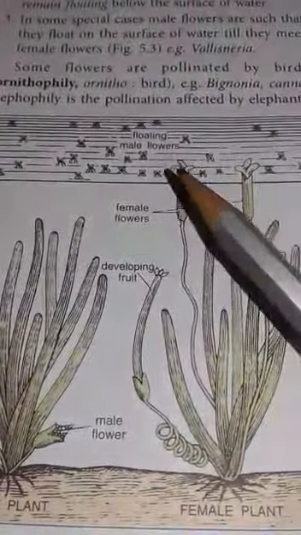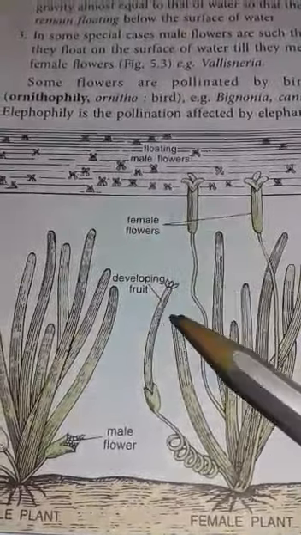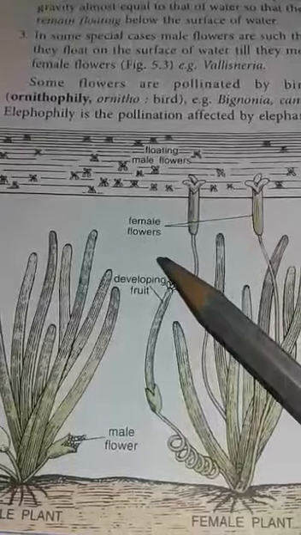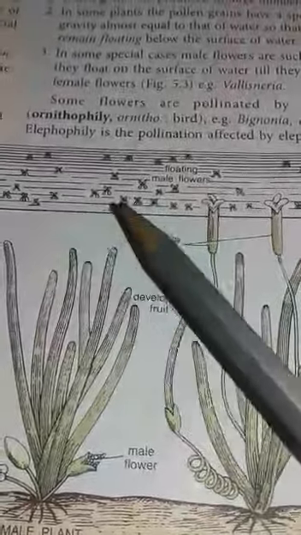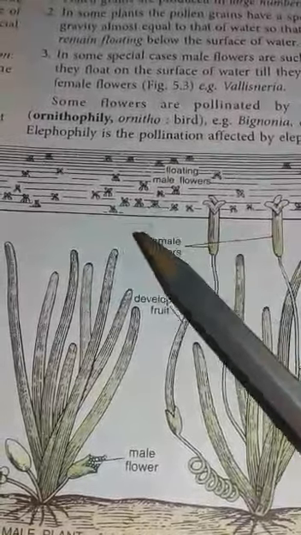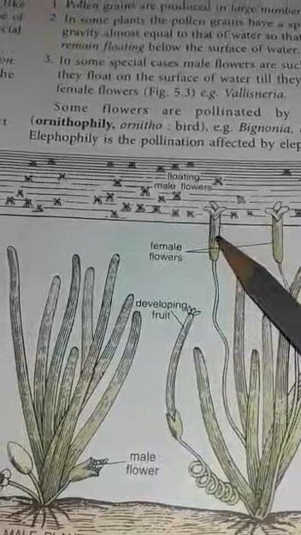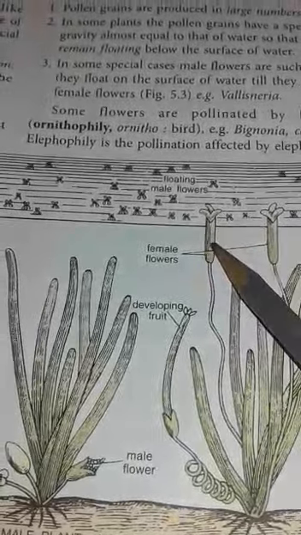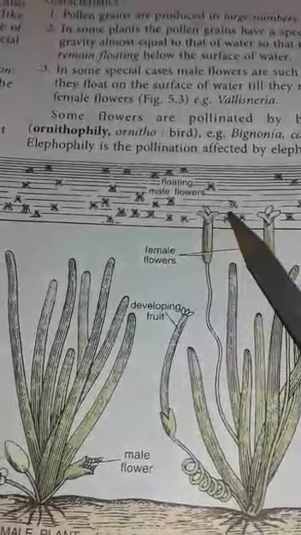This is a sticky trifid stigma of the female flower. While floating, male flowers come close to this flower. Anthers burst to release the pollen and pollination occurs on the surface of water.